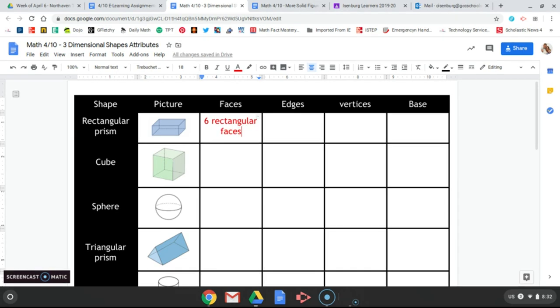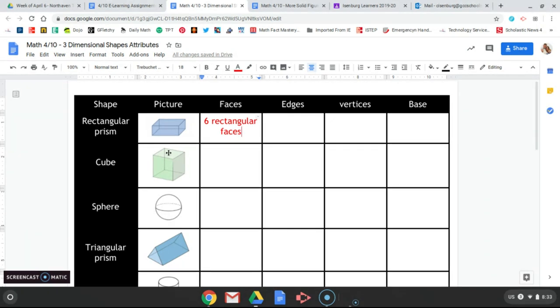Now remember, a square is technically a special kind of rectangle. So sometimes rectangular prisms can have square faces on the side, but usually they have regular rectangular faces around the other faces, okay? So 6 rectangular faces.